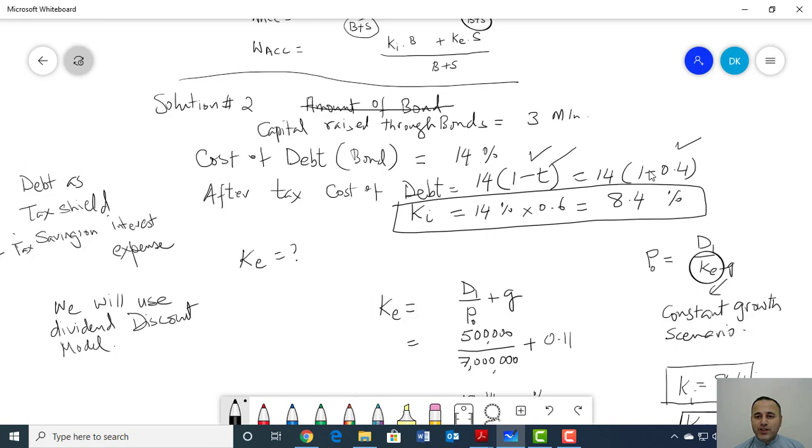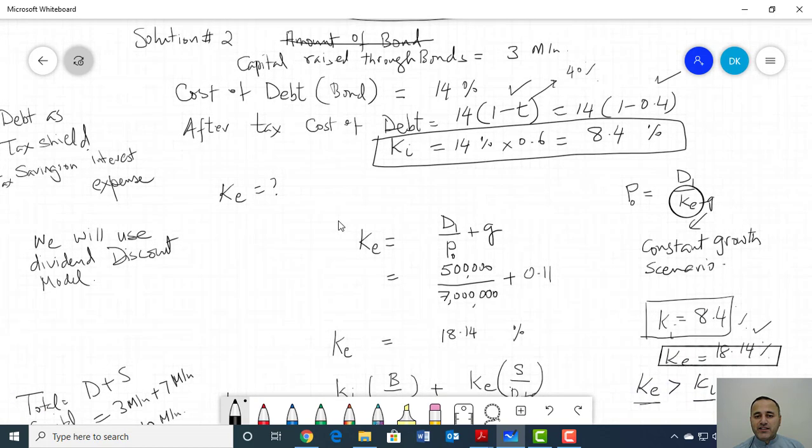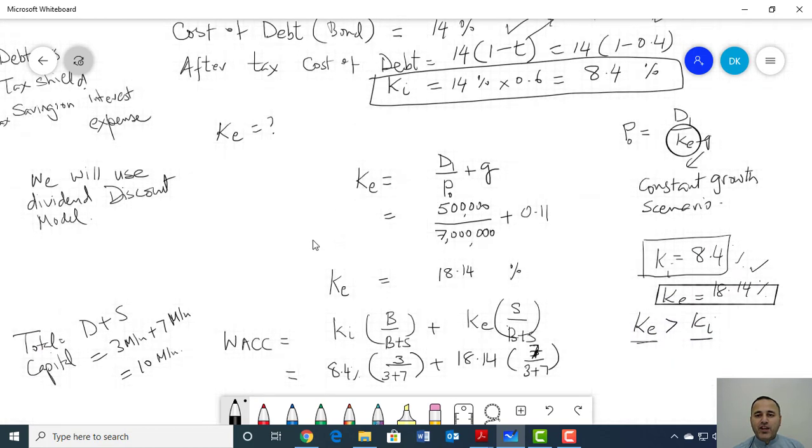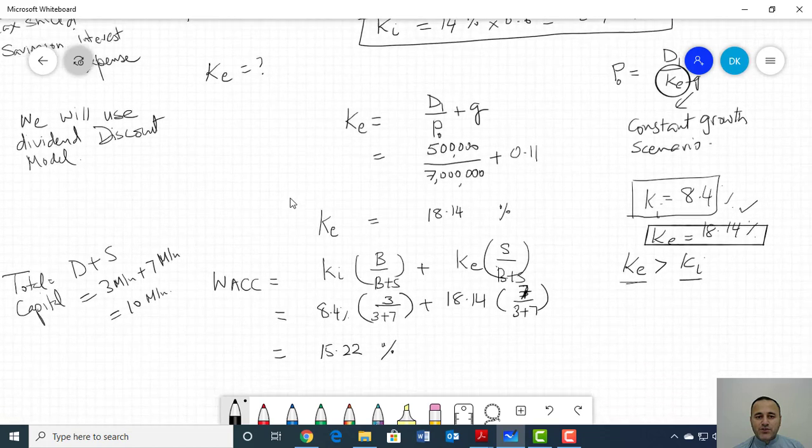Here the tax rate is 40%, so 14% multiplied by 0.6 gives 8.4%. Do not forget to make this adjustment. You have to give the benefit of tax savings to the company.